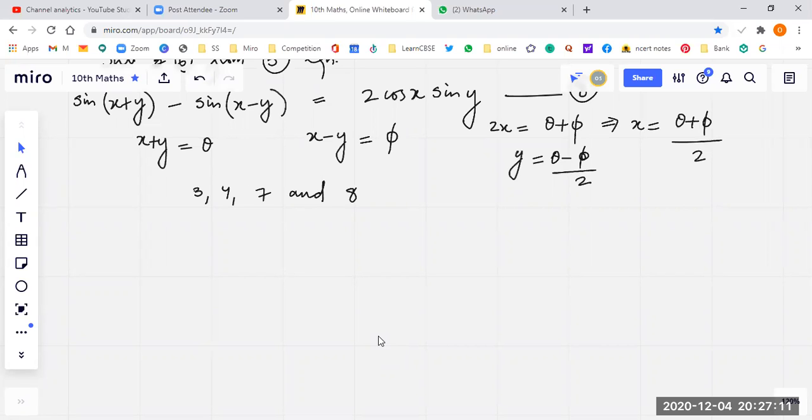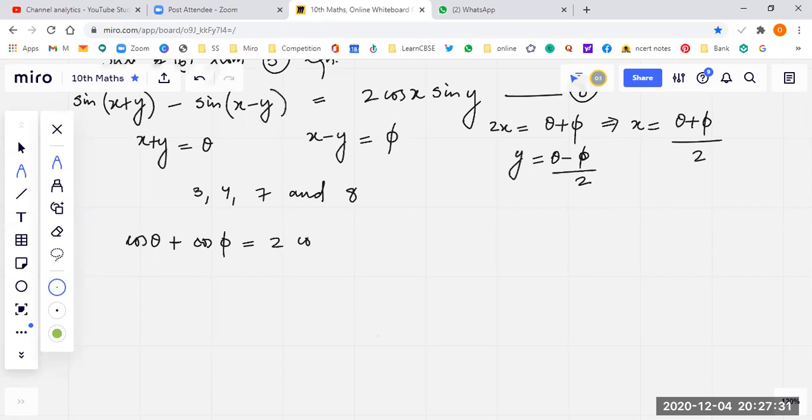In third, when you put, you get cos theta plus cos phi is equal to 2 cos theta plus phi by 2 cos theta minus phi by 2. Maybe you have to stop the video again, students. Stop the video, go back, then do it, and then you'll understand.